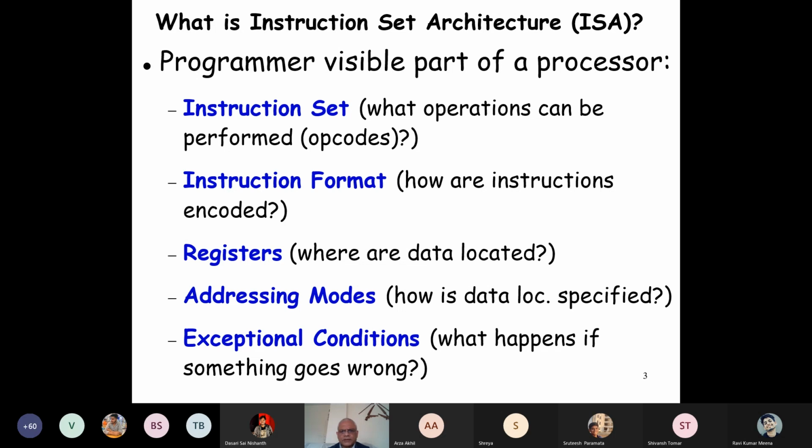Exception handling, the exceptional conditions, what happens if something goes wrong. These 5 possibly are the broad things that a programmer needs to know before he can start writing assembly programs. In this course, computer architecture part, we will write assembly code in a couple of classes, and at the end, all of you without difficulty should be able to write assembly code.